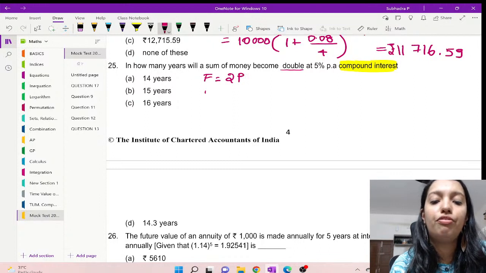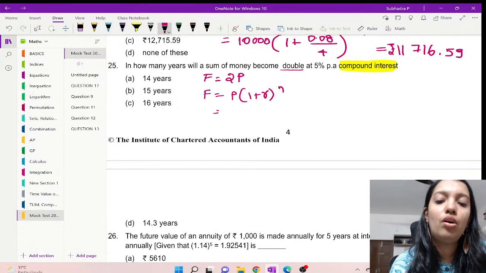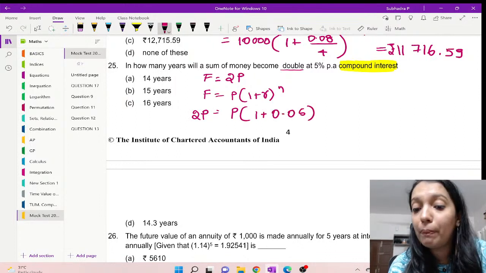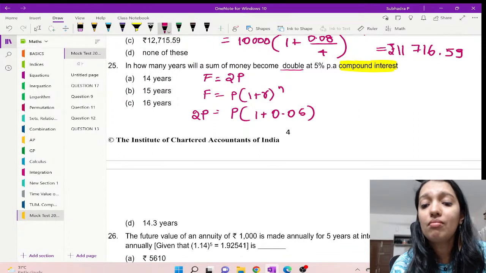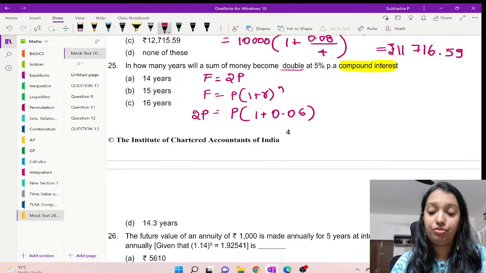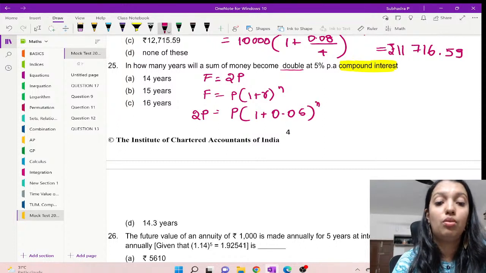So how do you find future value? You apply the formula P of 1 plus r whole to the power n. So I know the F value is 2P is equal to P of 1 plus r, value 5%, 0.05, whole to the power n. What is n? That is what we need to find. Correct? Okay. What will happen?